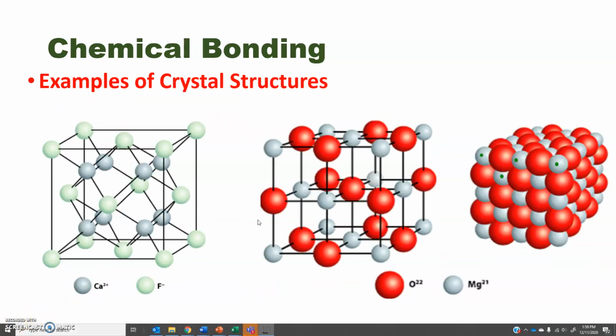In this slide, I give you some examples of different ways that ionic compounds can pack together. So the crystal structures are the packing arrangement. On the left, you'll see calcium and fluorine, or calcium fluoride, and on the right, you'll see magnesium oxide. Now, the way in which they pack is determined by the relative charge of each atom and the relative size of each atom.